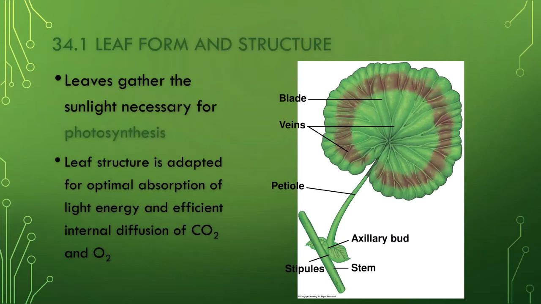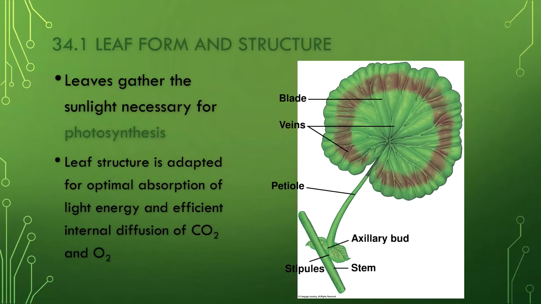Okay. So again, the function of the leaf is to gather sunlight necessary for photosynthesis. In many plants, the leaf has a very wide, flat, broad surface to be able to absorb more sunlight. You increase the surface area, you can absorb more sunlight. Some leaves, though, when it gets too sunny, are able to fold and curl up, and that reduces the surface area.